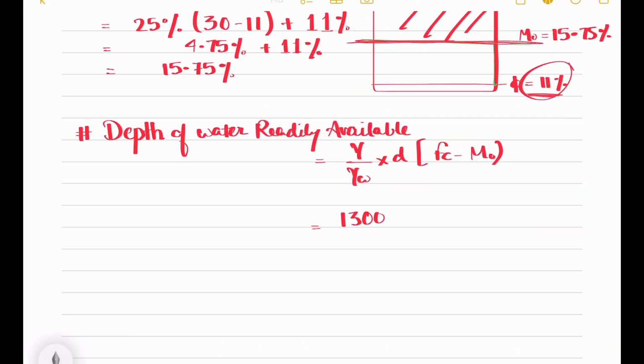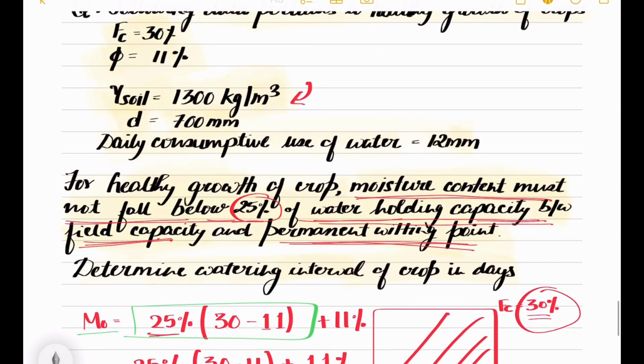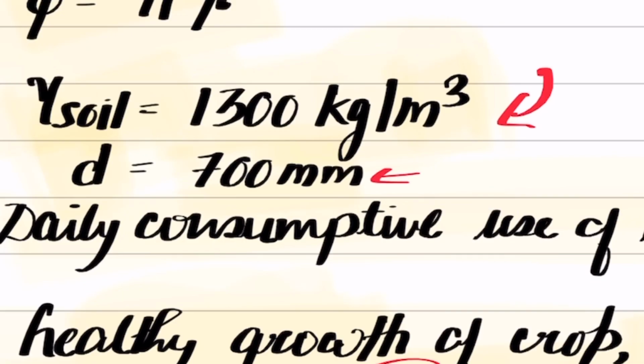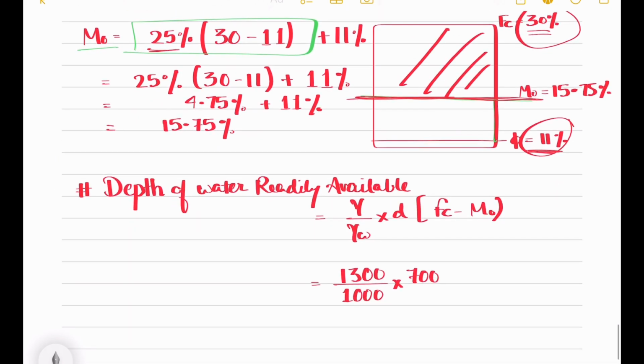Since it is in kg per meter cube, gamma W of water will be 1000 kg per meter cube. The depth of root zone will be 700 mm. All right. Field capacity value is 0.30 and M naught value is 0.1575.